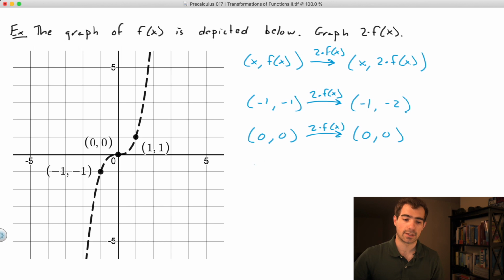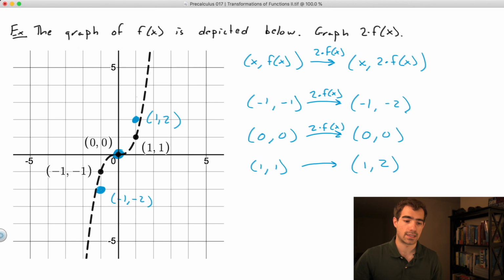And then finally look at the point 1 comma 1 and multiply its y value, its f of x, by a factor of 2, giving us 1 comma 2. And so graphing our new points here, we have -1, -2. We still have 0, 0, and we have the point 1 comma 2.